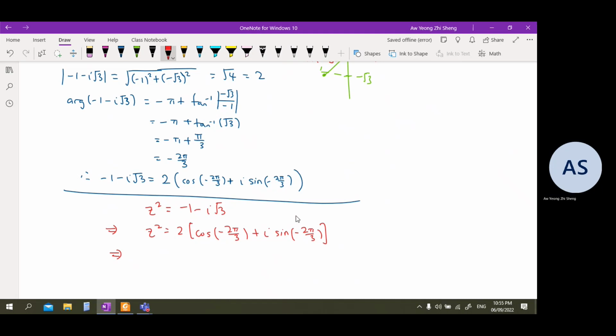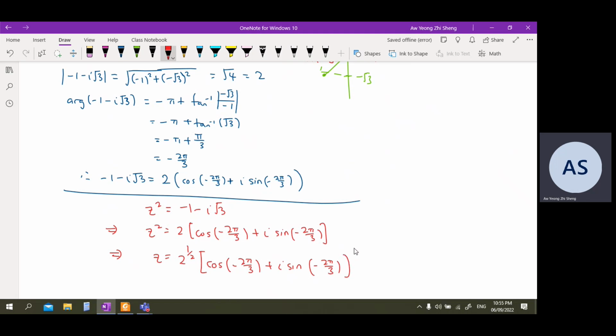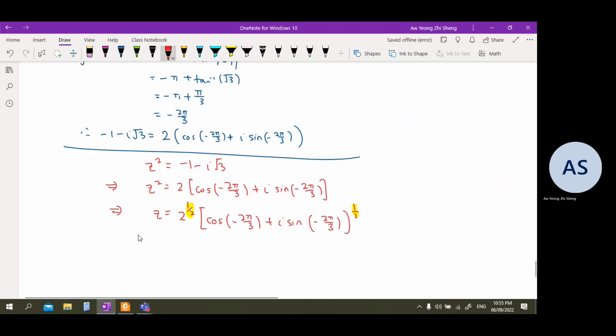Then next I will move the power 2 over to the other side so that my 2 gets the power of 1/2, and this cos of -2 pi over 3 plus i sine of -2 pi over 3 also gets the power of 1/2. The power of 1/2 appears here and here. The 2 to the power of 1/2 is simply root 2. It's just a real number, nothing special about it.